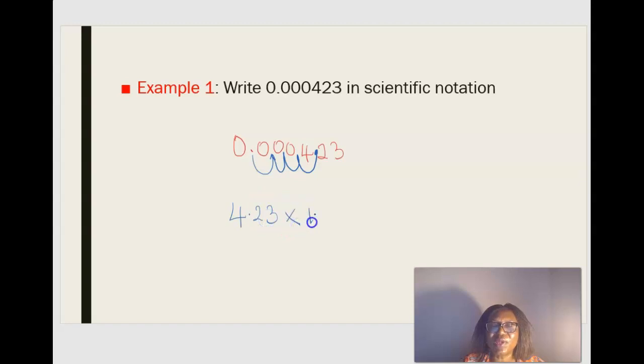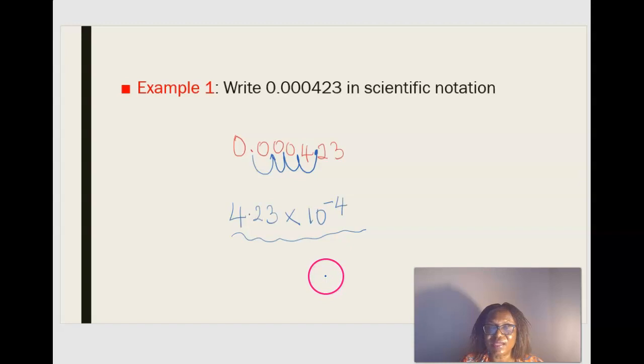We want to multiply by the power of 10. But how many places did we move? We moved 1, 2, 3, 4. And we move to the right. So our exponent is -4. So this is our scientific notation for this number.